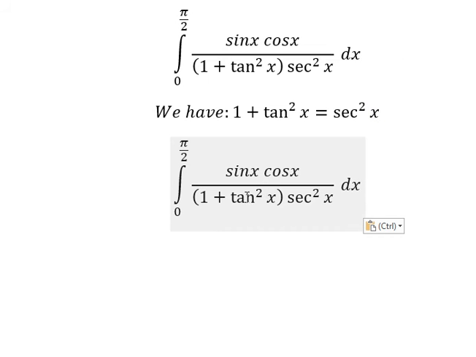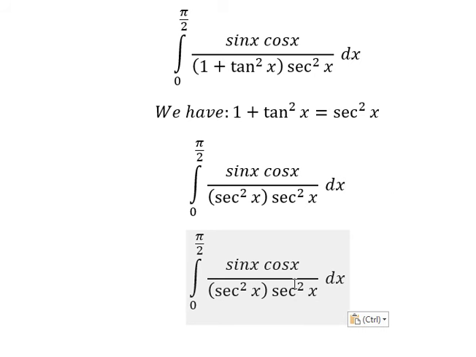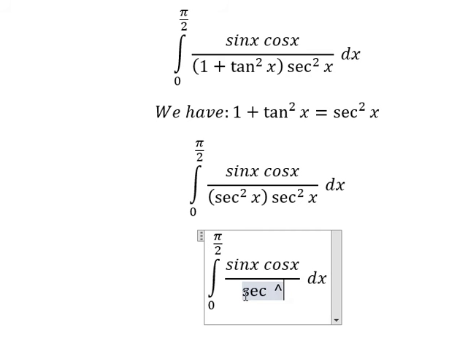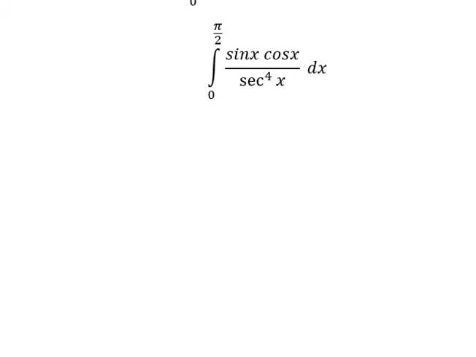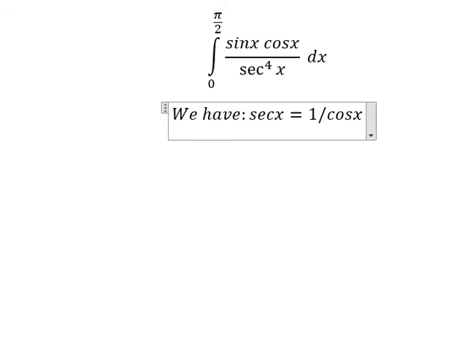So we put this one in here. Secant squared s times secant squared s, we have secant of s to the power of 4. Next, we have secant of s equal to 1 over cosine s.